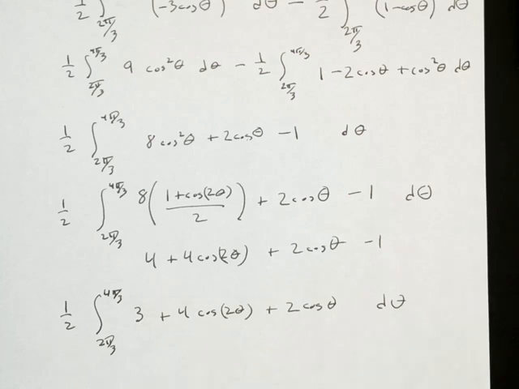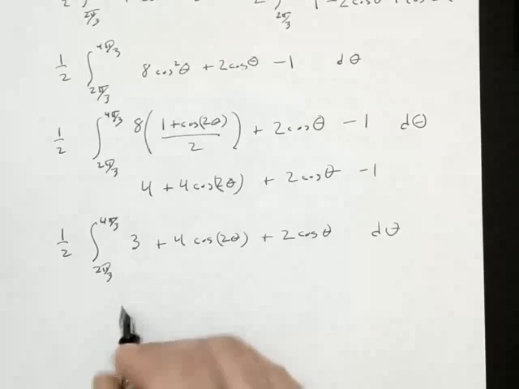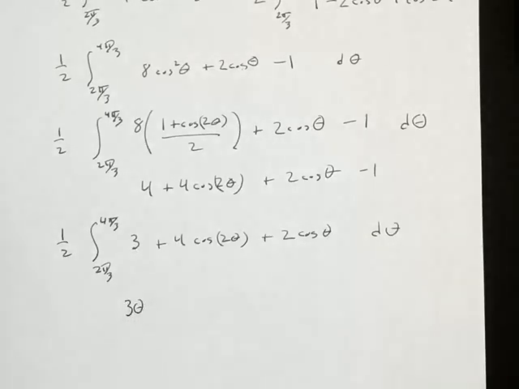And again, because that's cosine of 2 theta, there's a u substitution required to do that integral. The rest of those integrals are easy because the rest of them are simple antiderivatives. I get 3 theta. Here, what's the antiderivative of cosine of theta?